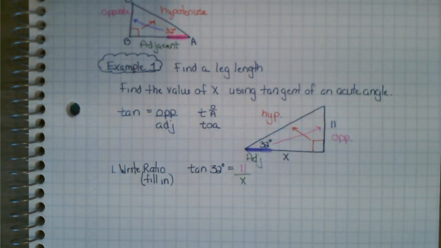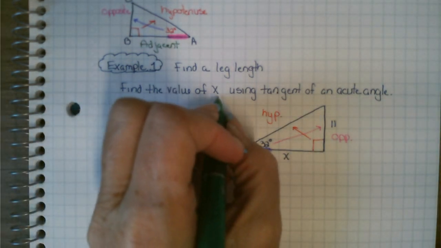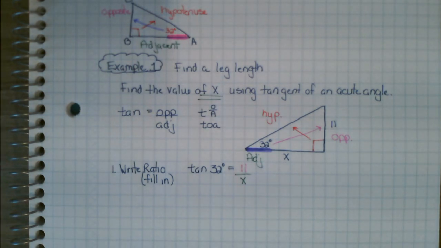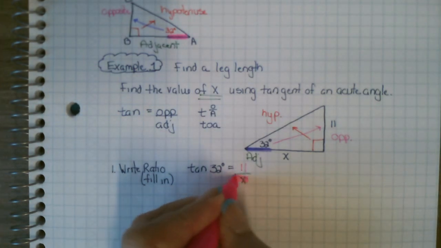Now the whole idea of this is we're solving for X. So we have to get X by itself. Tangents are harder than sine and cosine because you have to do two moves, okay? So basically what you're going to end up doing is you're going to take your X and move it to the other side.